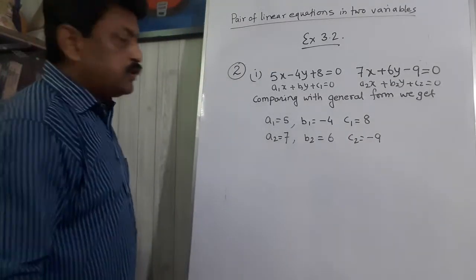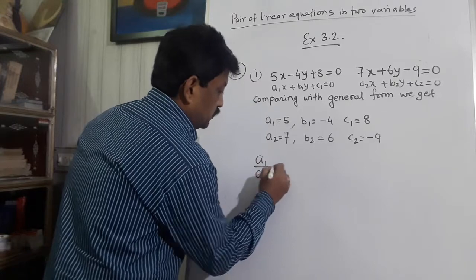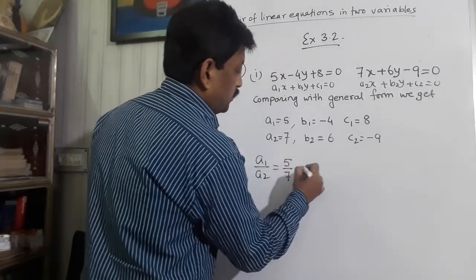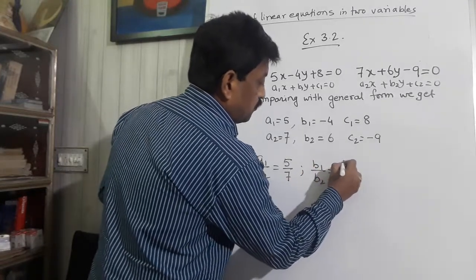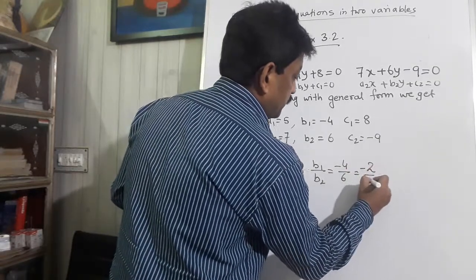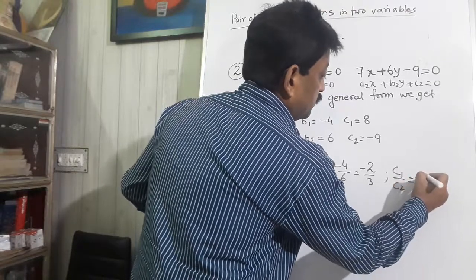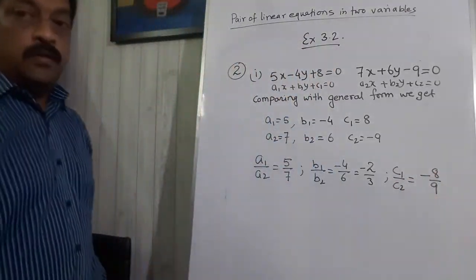Now let me find the ratio. a1 by a2 equals to how much? 5 upon 7. b1 upon b2 equals to minus 4 upon 6, that is minus 2 upon 3, and c1 upon c2 is equal to minus 8 upon 9. Now see the ratios.